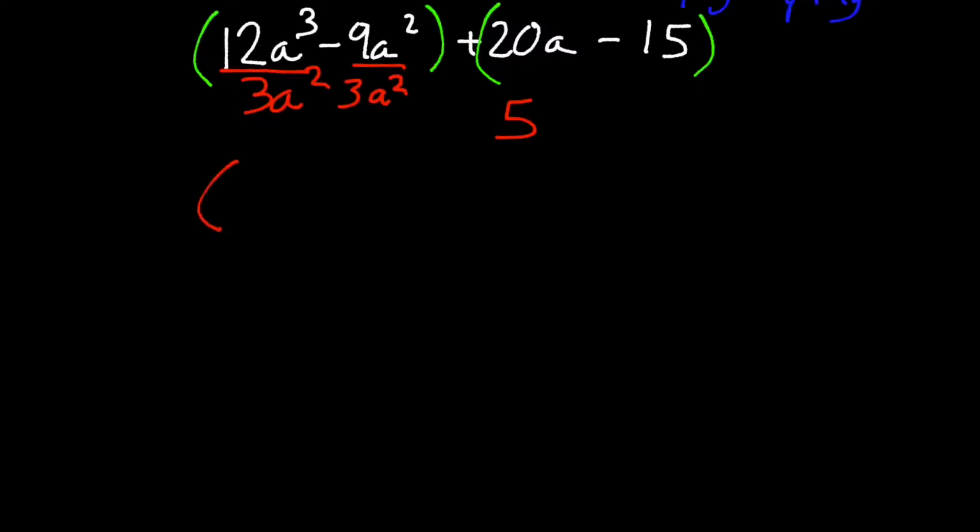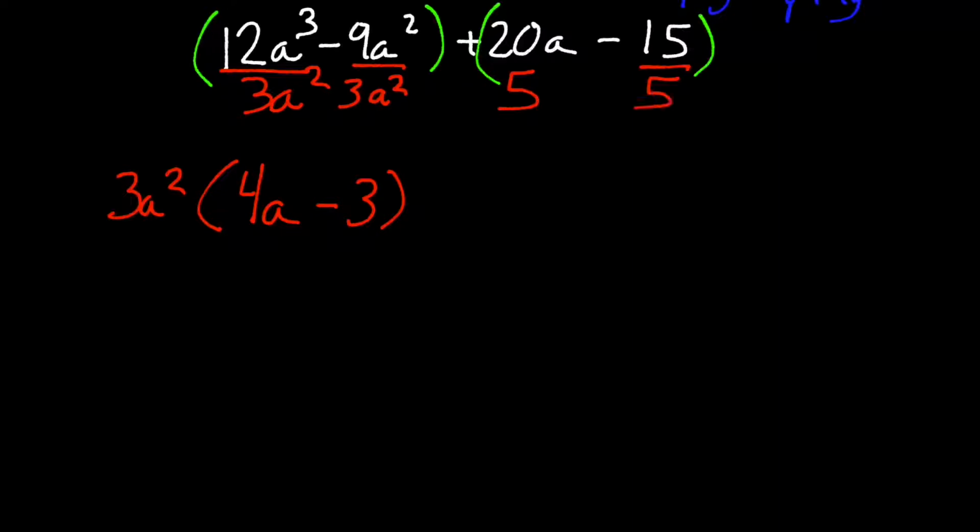That gives me 4a minus 3. And I have my GCF on the outside. Now I'm going to do the same thing over here. I'm going to divide everything by the GCF of 5. And I have over here 4a minus 3 with a positive 5 on the outside.